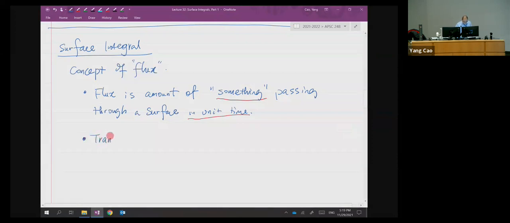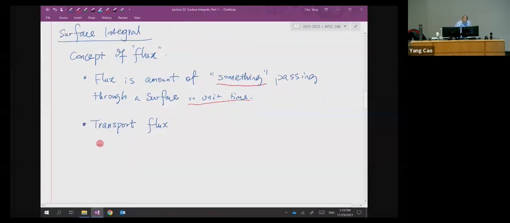Now in civil or mechanical engineering, there's a concept called transportation flux, or transport flux. Examples of transport flux include heat transfer. You also have a concept called mass transfer.